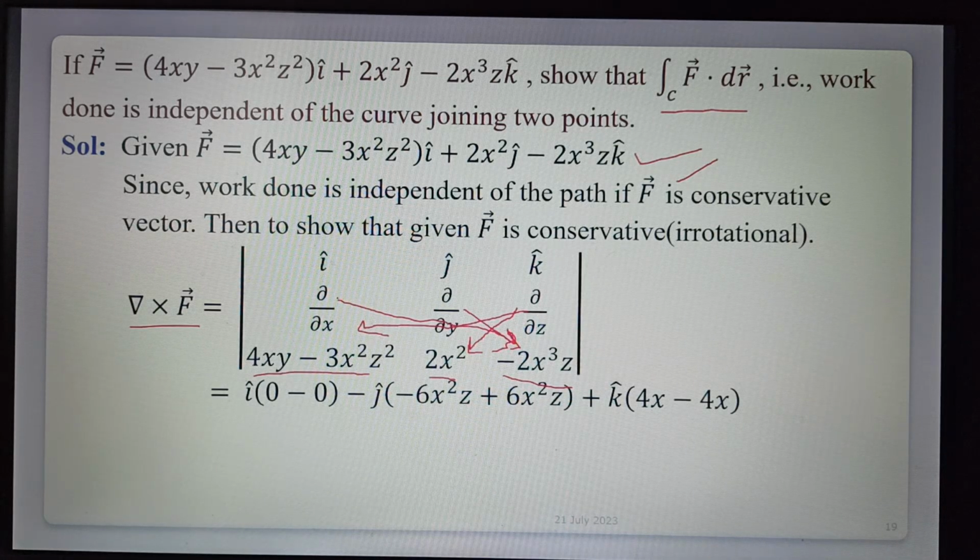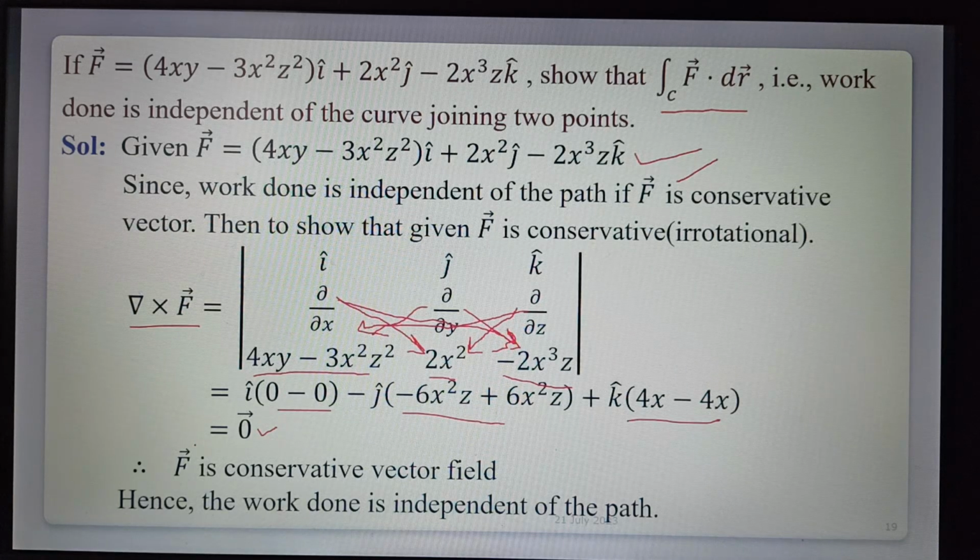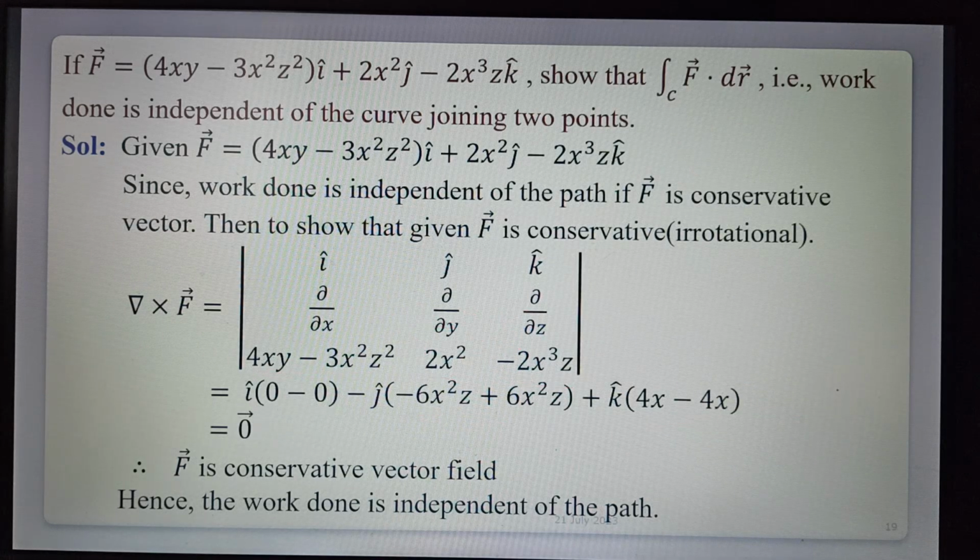Plus k bar, dou by dou x of 2x square, 4x, minus dou by dou y of this value, 4x, so this is 0. So that is equal to the 0 vector, curl f bar is equal to 0 bar. Therefore the given vector field is a conservative vector field, hence the work done is independent of the path. Okay, is it clear?